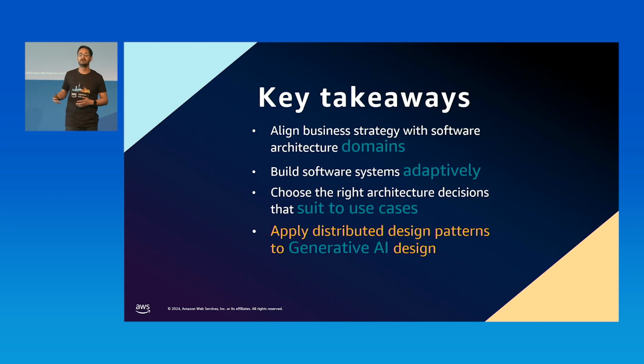Those still apply to the modern problems. And when you are looking to modernize your application, you want to make it future-proof. You want to reduce the cost it would take to make changes in the future. And that's why you build those domains adaptively to suit your generative AI use cases.